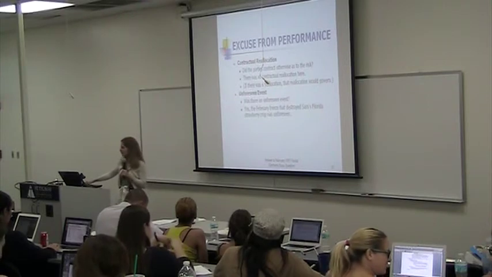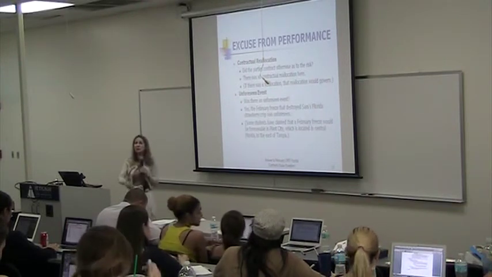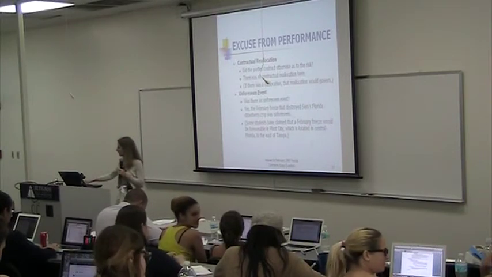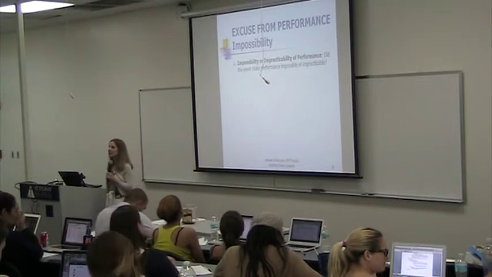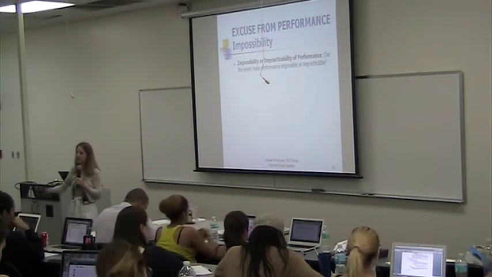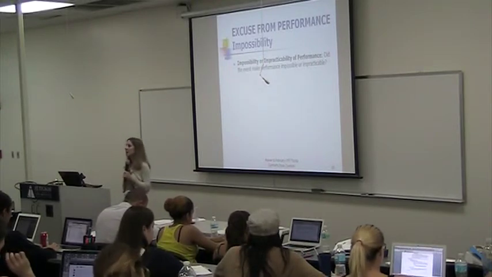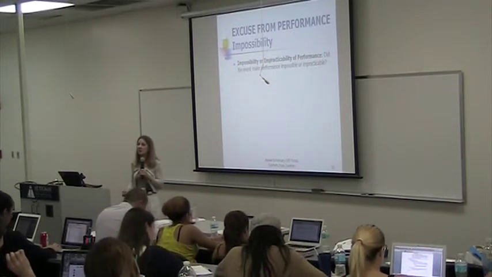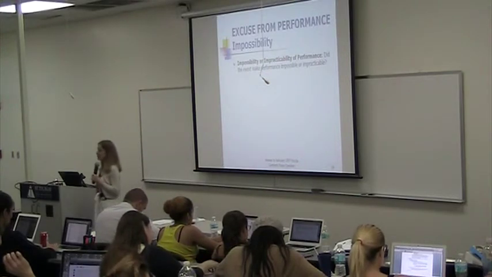So step number 1, contractual reallocation. If no contractual reallocation, then we look at the event. And if that event is unforeseeable or unforeseen, and again, it's got to go to the essence of the contract, of course, then the question becomes, did it make performance impossible or impracticable?